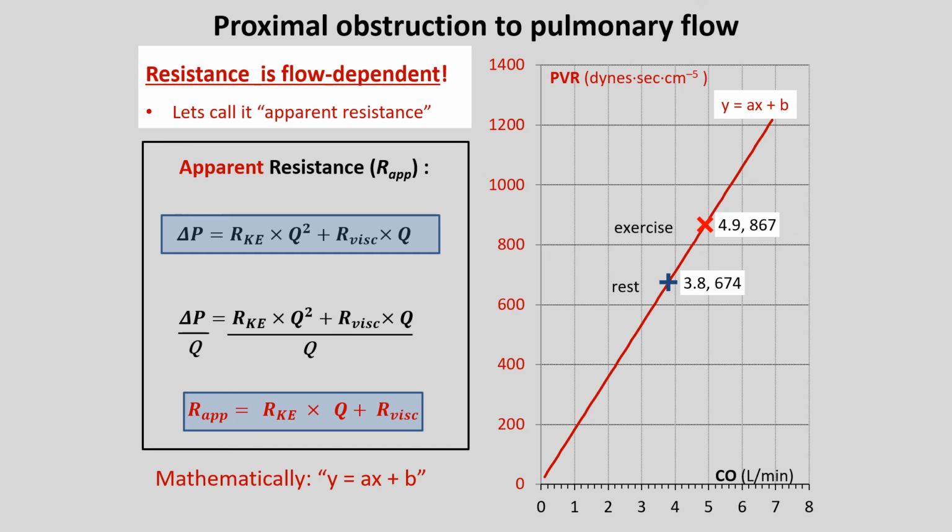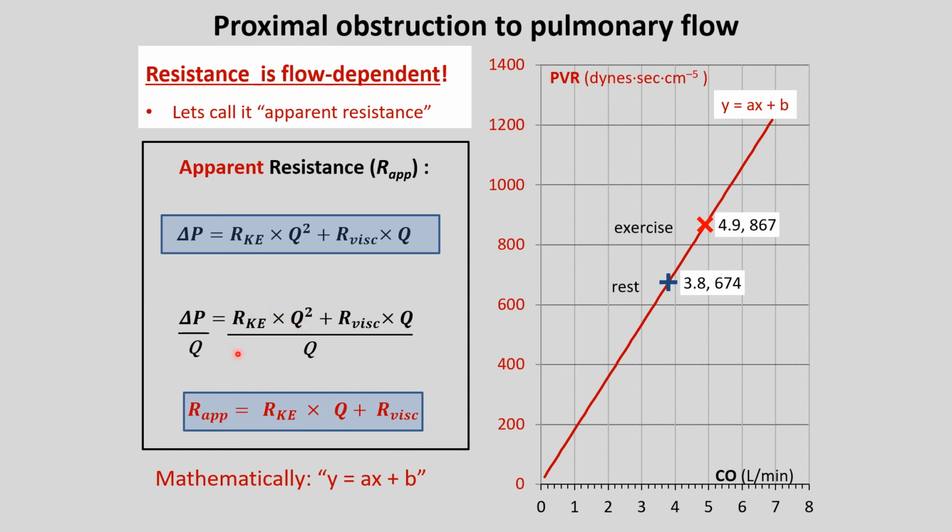So let's start from the Rohrer equation again. Pressure is proportional to the square of the flow plus proportional to the flow. If you divide both sides of the equation by the same quantity, which is the flow, this delta P by Q corresponds to resistance.